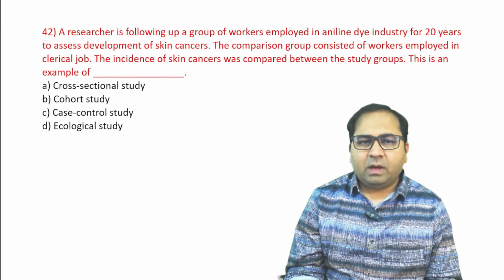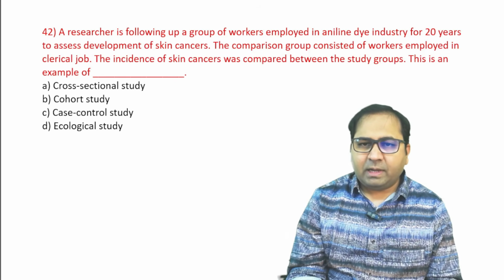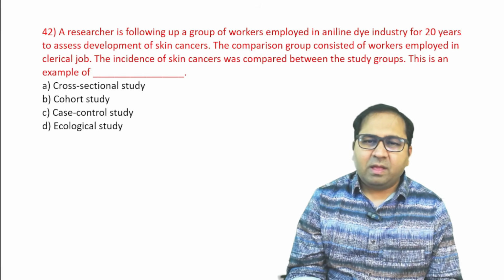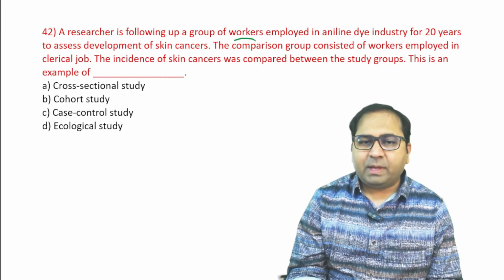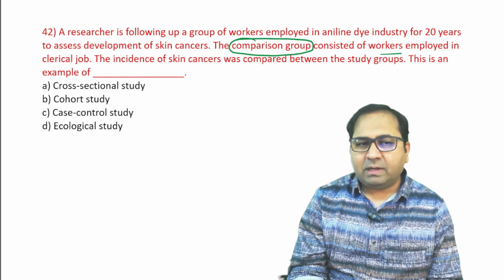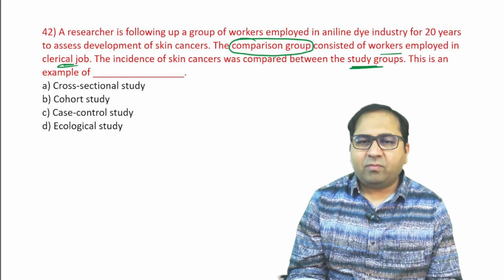Next question. A researcher is following up a group of workers employed in aniline dye industry for 20 years to assess the development of skin cancers. The comparison group consisted of workers employed in clerical jobs. The incidence of skin cancers was compared between the study groups. This is an example of what?